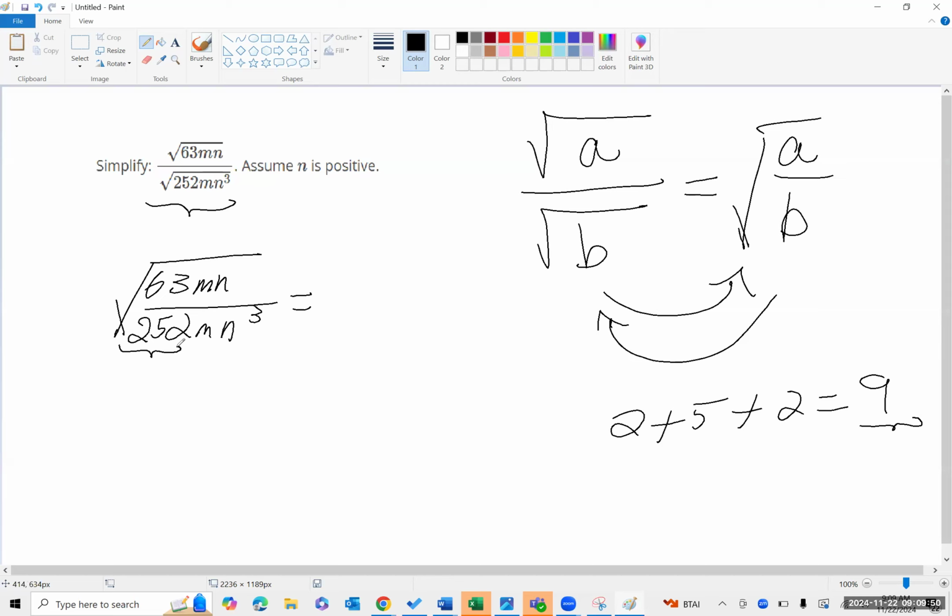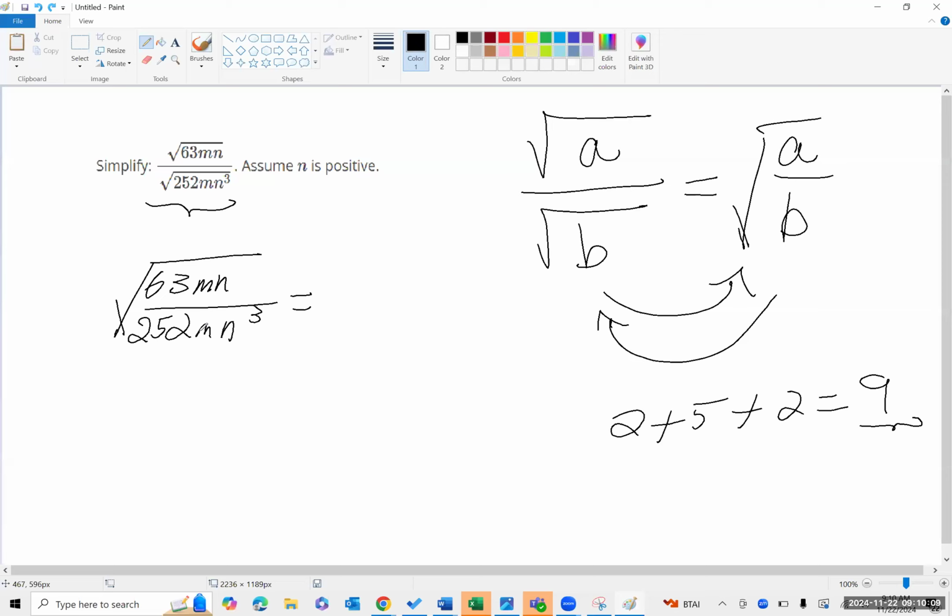You may have already recognized that 63 is divisible by 9. And I do that so that we can try to reduce this. Also, I think it's fairly obvious that the m's are going to cancel out. So we'll go ahead and do that here in a minute.